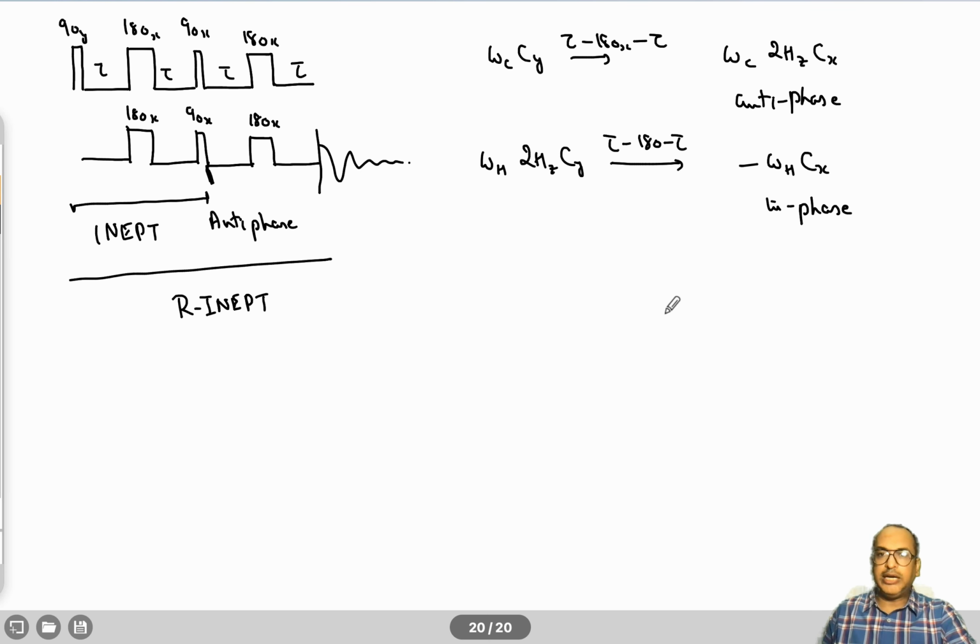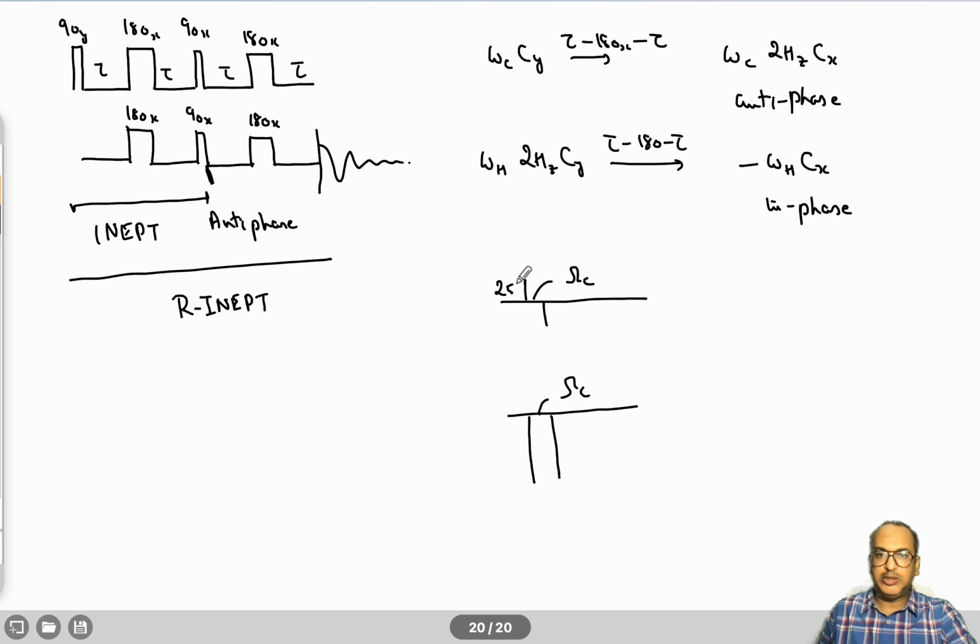That means this part will give me a spectra like this, centered at omega c, and the lower part will give me a spectra like this, which is in phase. I am drawing negative because my sign over here is negative, which of course I can convert into positive by changing the phase of the last two pulses, but it's okay, let it be. So the center here is omega c.